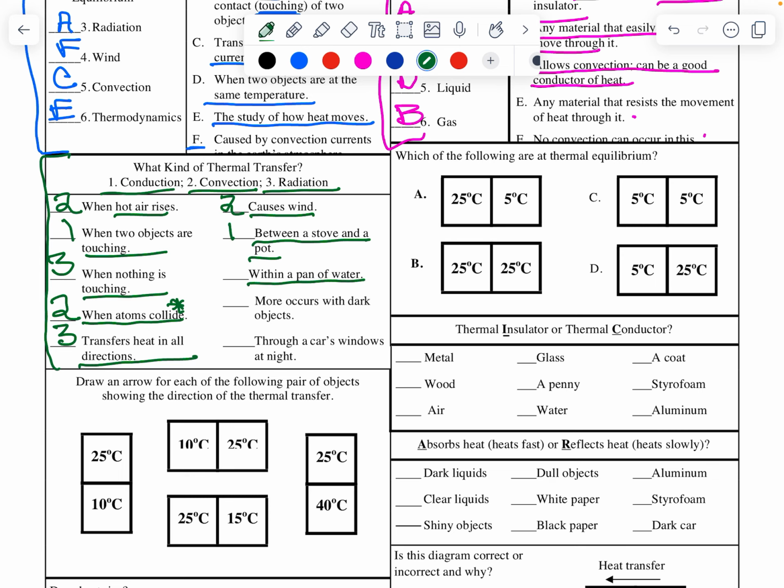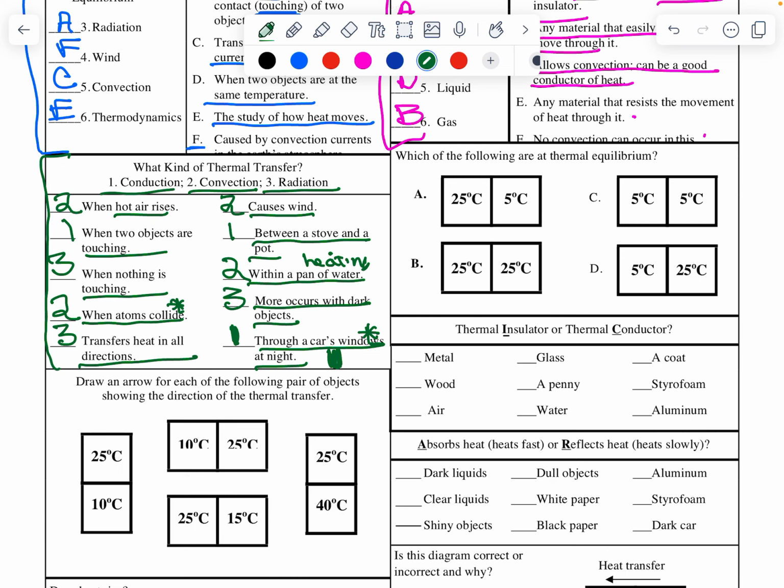In a pan of water that we're heating, that'll be convection. Heat that occurs with a dark object will be radiation, and through your car's window at night, that would probably be conduction. And that one is another one that you can argue.